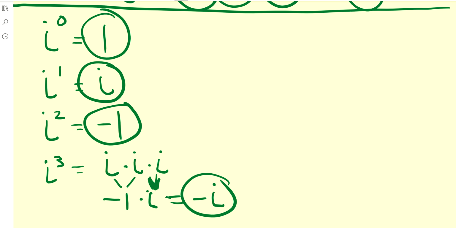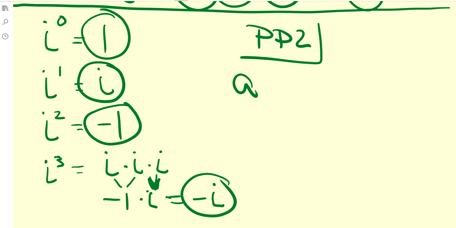Let's see what we have here. I could pick anything. Let's do example 2. Or how about practice problem 2? Here I've got practice problem 2, and I've got A, B, and C. A is i to the 20th, and we've got to simplify that.